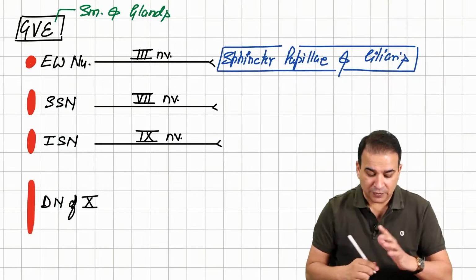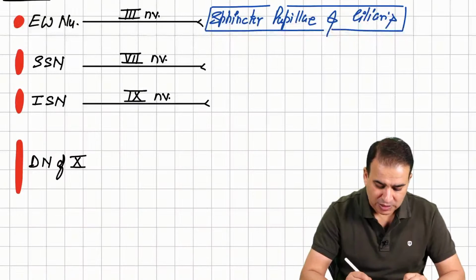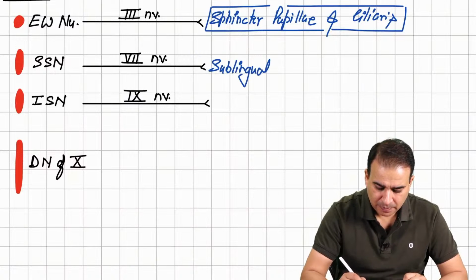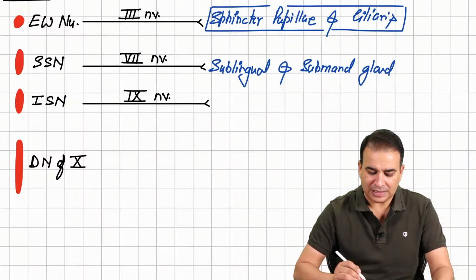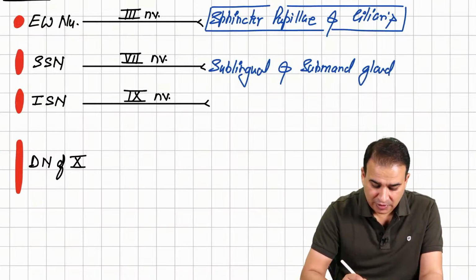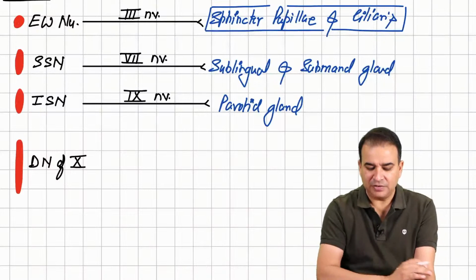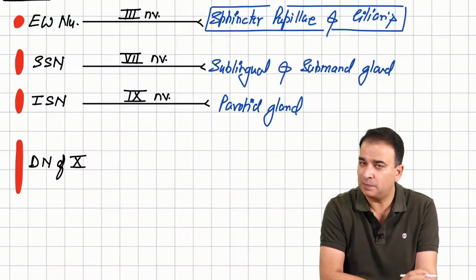So if I think only of salivary glands for now, the superior salivatory nucleus supplies the sublingual and submandibular glands, and the inferior salivatory nucleus supplies the parotid gland.